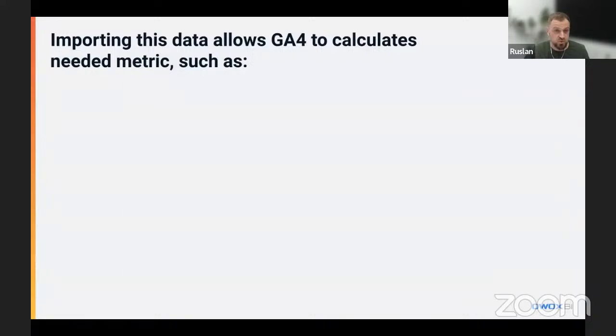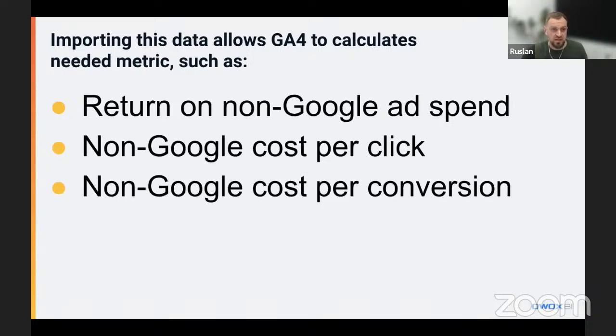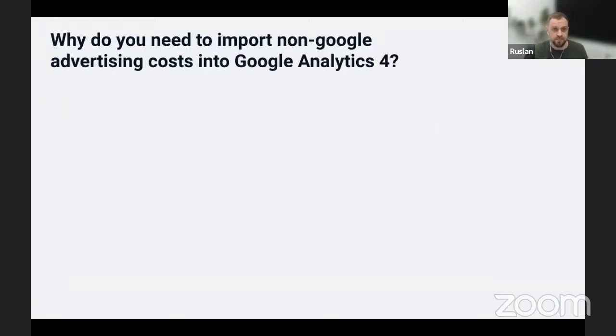And to access the insightful metrics that Google has calculated based on both the current data it already has and imported data. And you can see it on the slide, return on non-Google ad spend. This is what we actually want to get as a calculated metric.